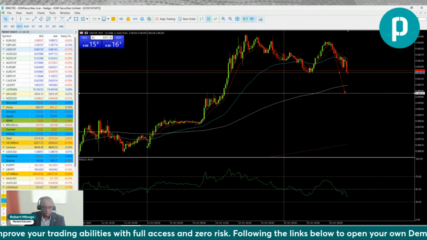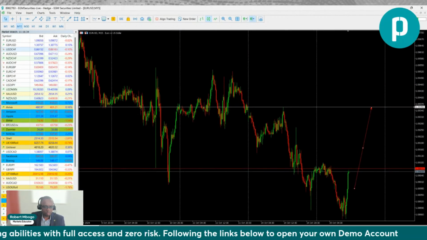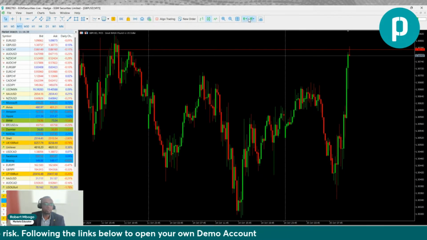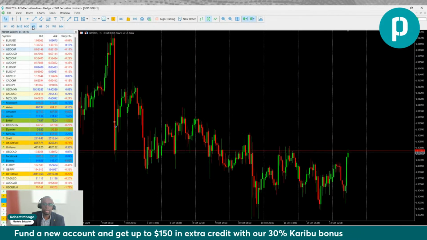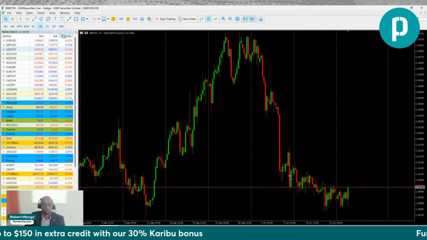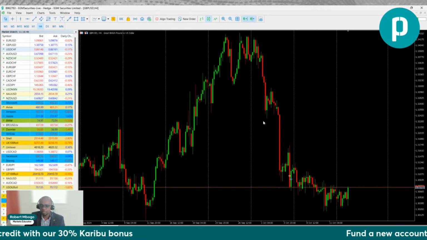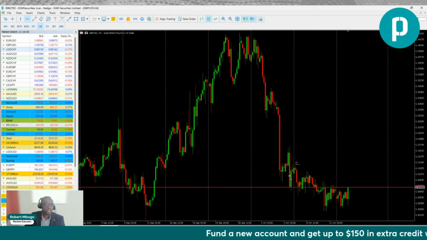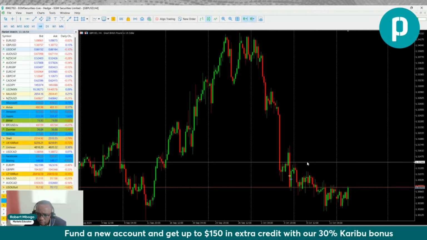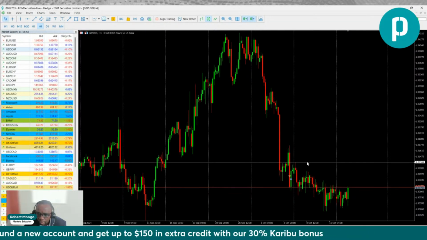Let's look at GU. What's GU like? So GU, if we go to higher time frames, H4, I would want to see GU test last week's high. So last week's high is somewhere around here, 31.34.